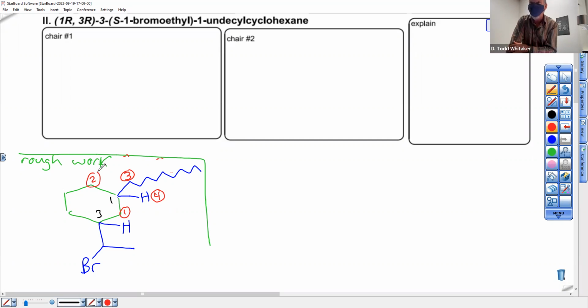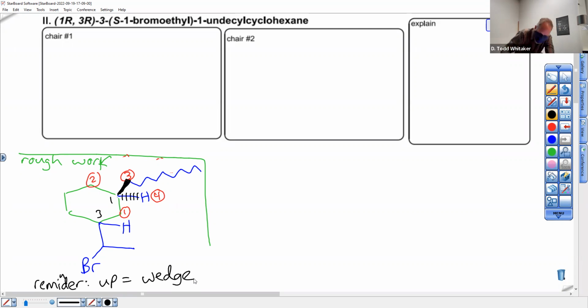Which of those 2 do I want? The question says which one I want, right? I want R. Put the 4 on a dash. And stay outside the rings for the wedges and dashes, people. When we go to chairs, we're not doing wedges and dashes. So just a reminder, up equals wedge.